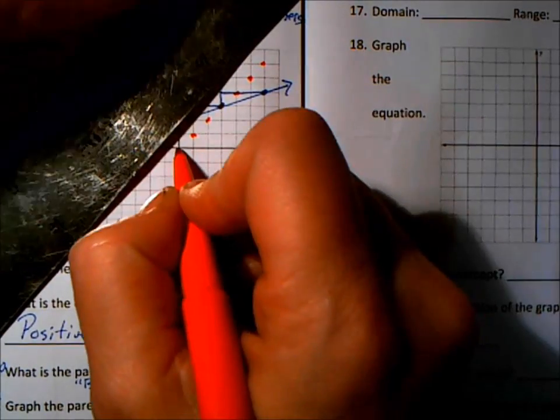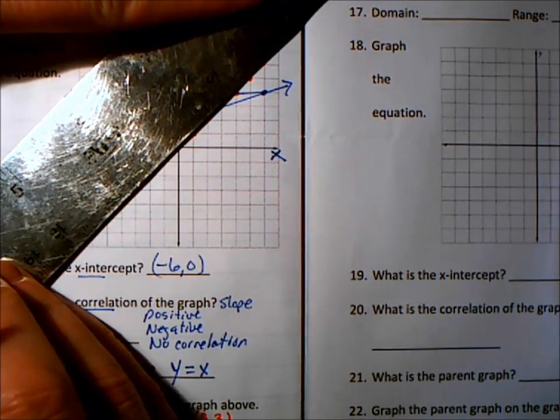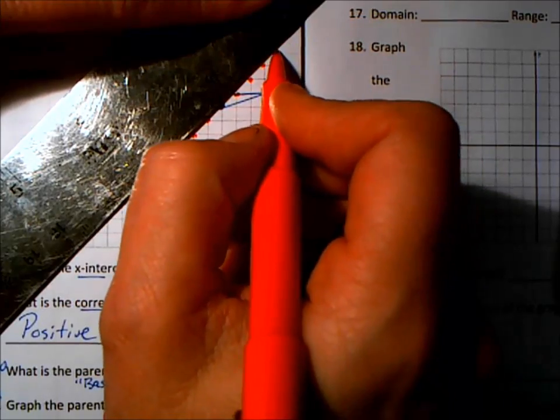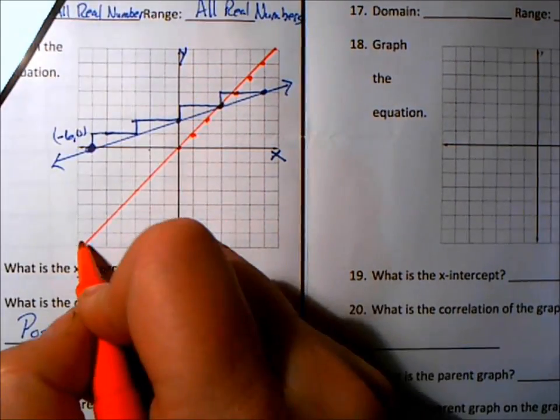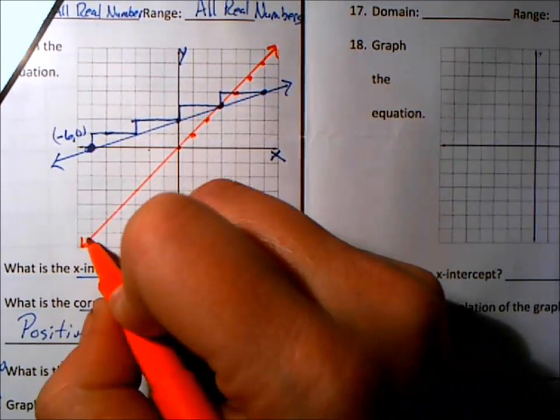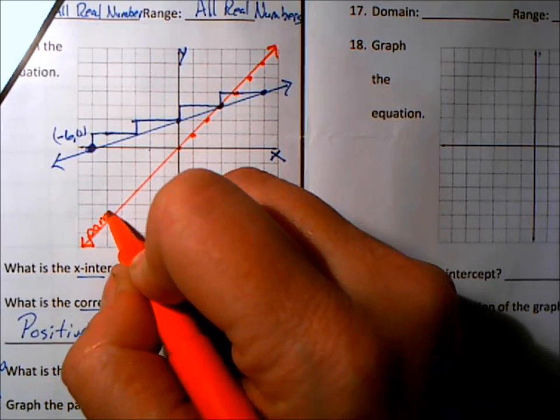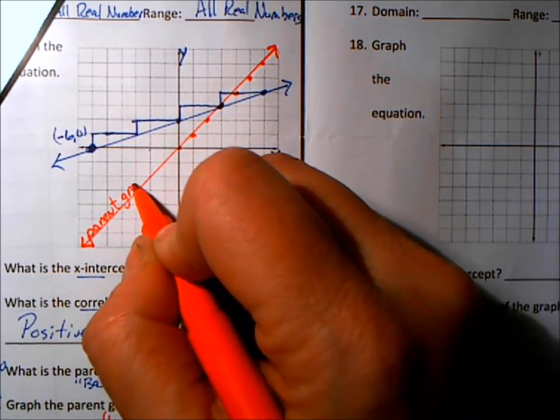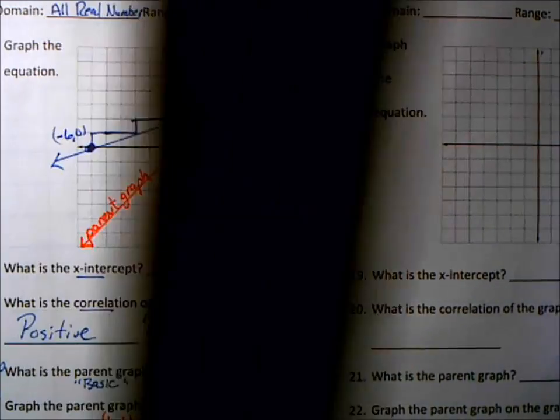It must go through the origin. So I'm going to graph this line. Okay, so my red line is my parent graph. So you can see that. That's the parent.